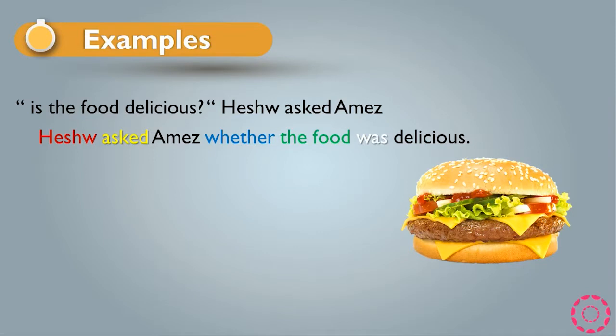As you see, we change it to positive. Heshu is the speaker, asked Amis, whether, or we can say if, the food, which is the subject, was, which is the verb to be, and delicious, which is the complement of the sentence.